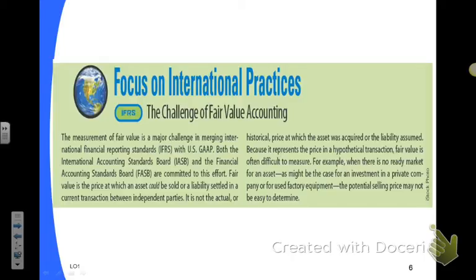They're not quite there yet, but they're working towards a commonality, because in other countries where they use international financial reporting standards, they use fair value as the valuation method. So that makes it a little bit more difficult.